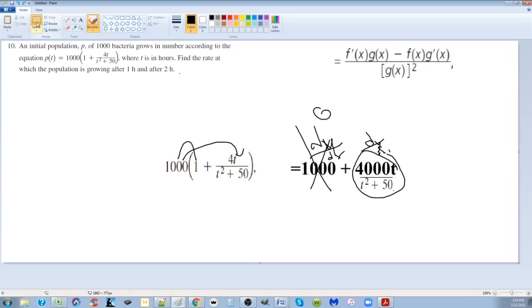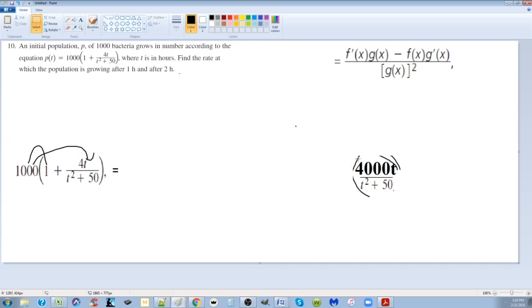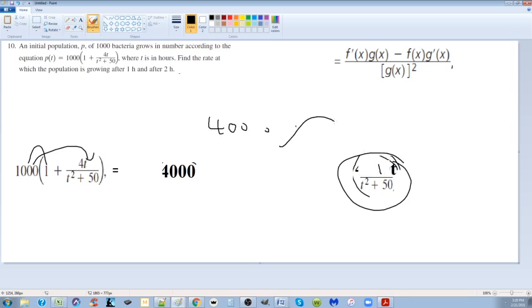Not to say you need to keep the 1,000 in there, because now that you know you're only going to find this derivative, you can factor out the 1,000 and just multiply it by the derivative later. The rule of derivatives says I can factor out this 4,000 and multiply it later. Which might be best, because this is a lot easier to derive than this, at least when we start multiplying and expanding it. Okay, so let's just remember to multiply our numerator by 4,000.